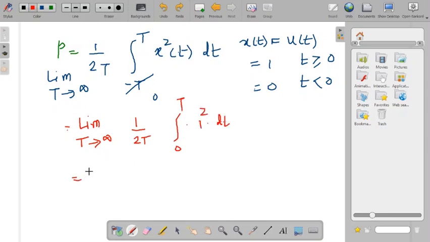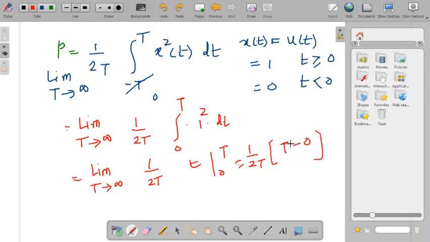After simplification we will get limit t tending to infinity 1 by 2t. This is 1 square means 1. Integration with respect to dt is t, and if we substitute upper limit and lower limit, then we will get 1 over 2t, okay, 1 over 2t, and here I am putting t minus 0. So this t, this t get cancelled, and power is coming out to be equal to 1 by 2, and power is measured in watts.